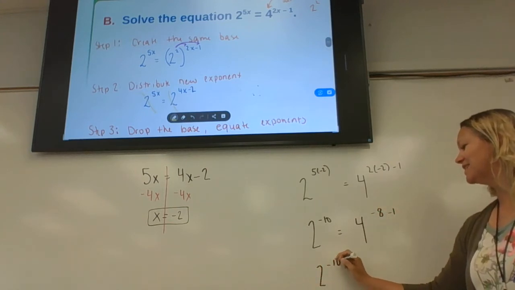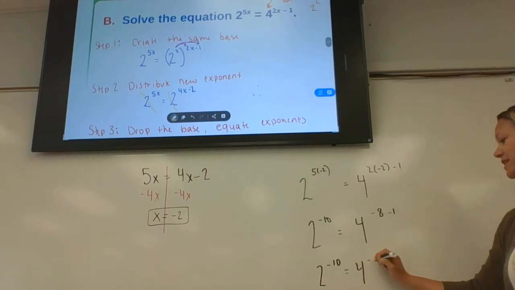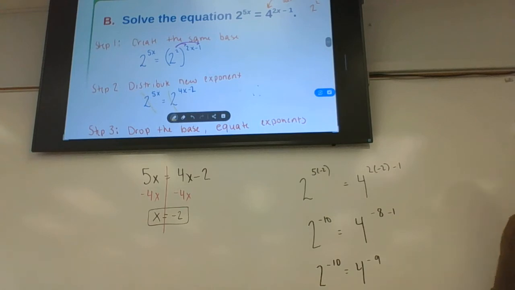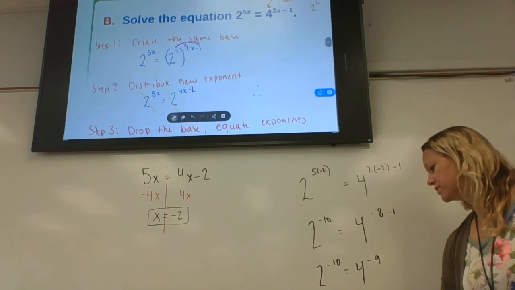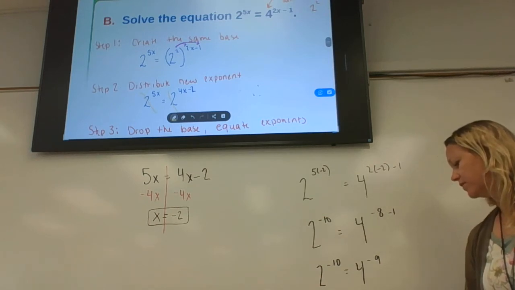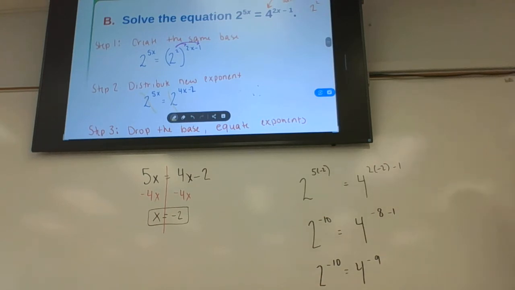Is 2 to the negative 10th equal to 4 to the negative 9th? Well, negative exponents, we don't leave them in final answers, we make them reciprocal. So this is like, is 1 over 2 to the 10th equal to 1 over 4 to the 9th?